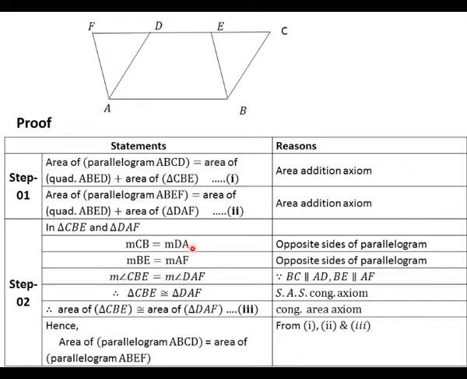So from the side angle side postulate, both triangles are now congruent. In the figure, we were having a common quadrilateral region in both parallelograms, and now both triangles are congruent as well. So area of triangle CBE is equal to area of triangle DAF, and hence we can say that area of parallelogram ABCD is equal to area of parallelogram ABEF.